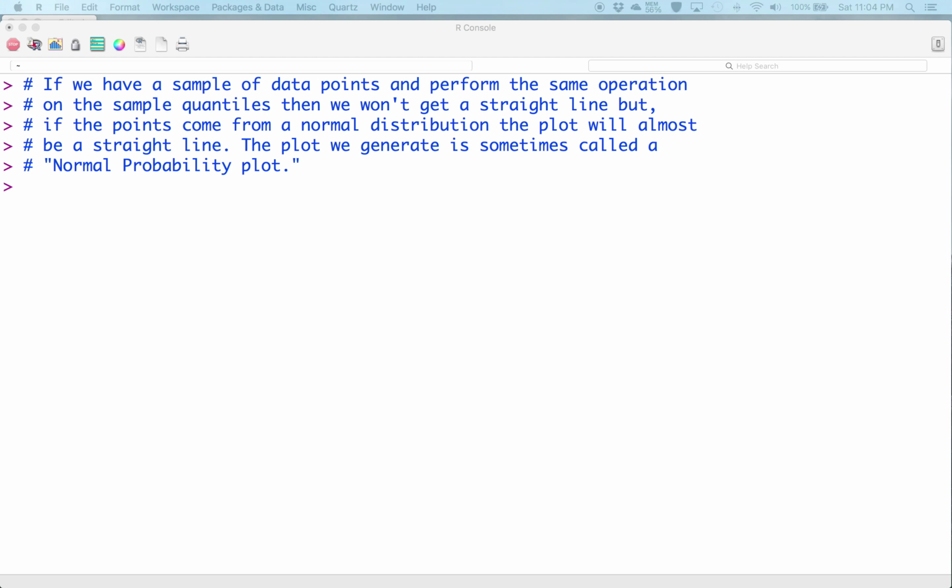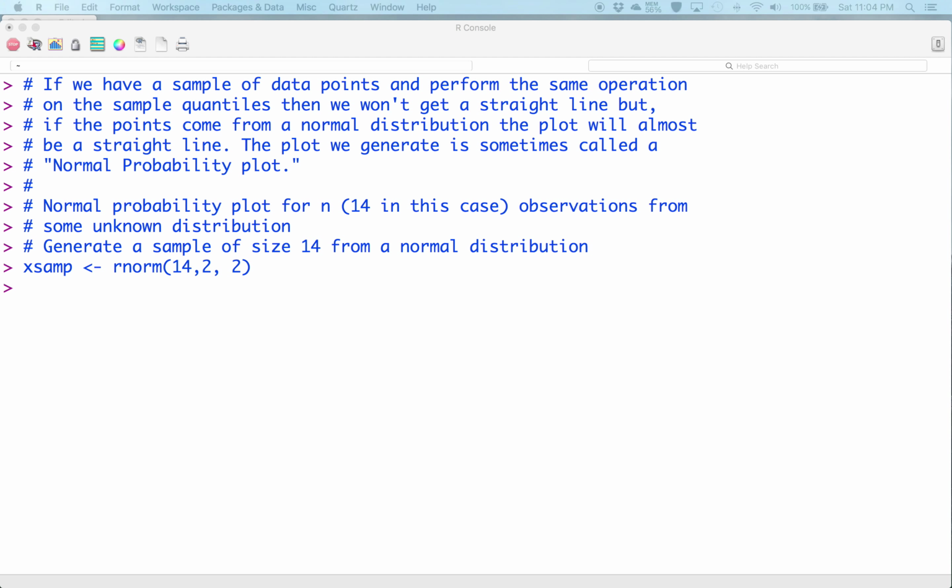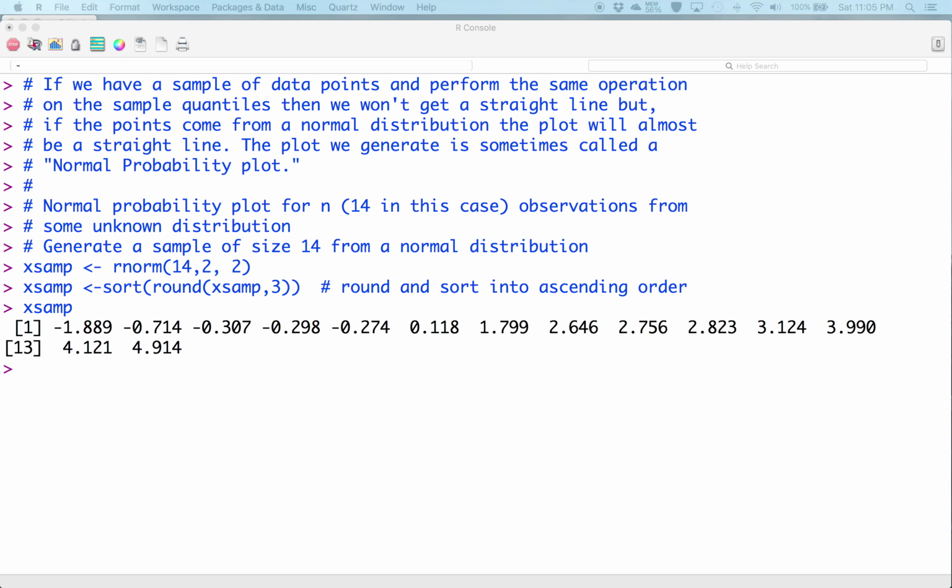What we're going to do is pick 14 points instead of 19. We really could have picked anything we want. So the first thing I'm going to do is generate 14 points from a normal distribution with mean 2 and standard deviation 2 randomly.